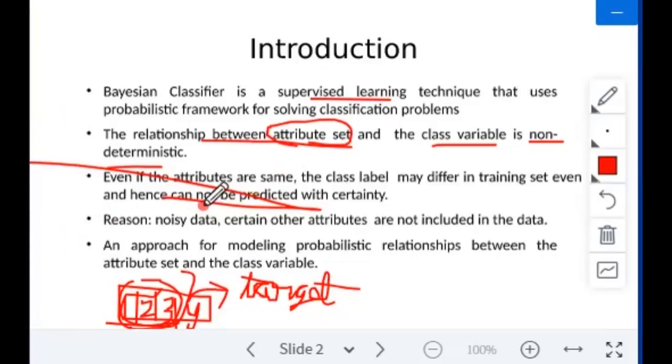This situation may arise because of some disturbance, that is noisy data, or the presence of certain confounding factors that affect classification but are not included in the analysis. So Bayesian classifier is an approach.